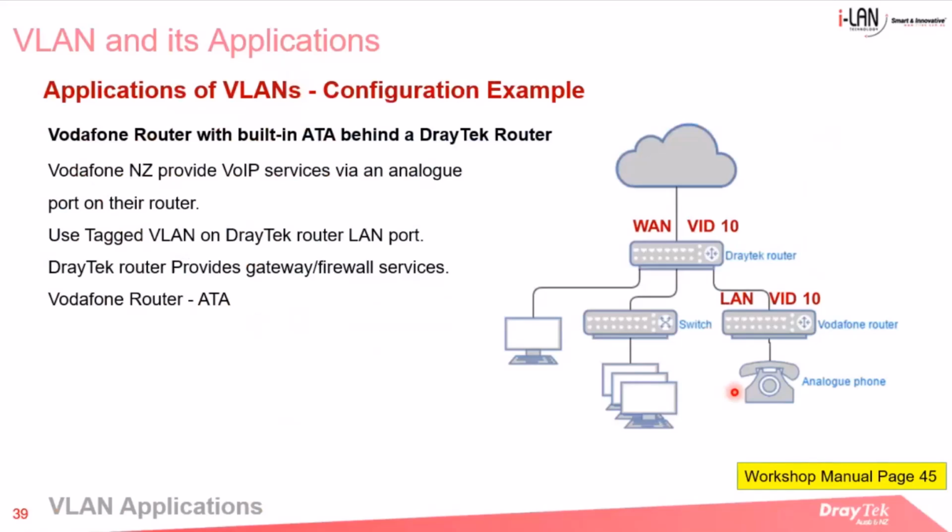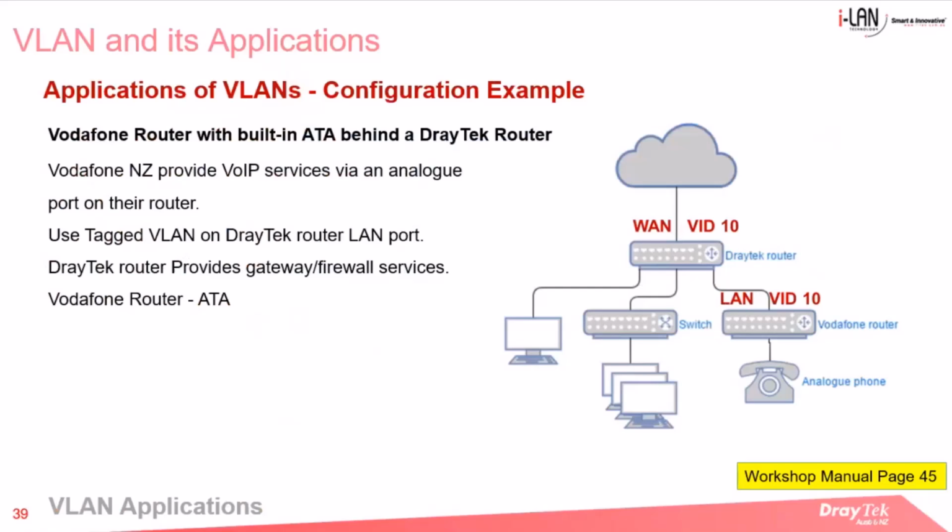All right. So this example is a little bit more complicated. I'll explain a little bit slower. We encounter a situation where the end user would like to replace his ISP router with a DrayTek because the DrayTek routers provide more features he wants to use. However, the ISP-supplied router has a built-in ATA feature for the VoIP services.